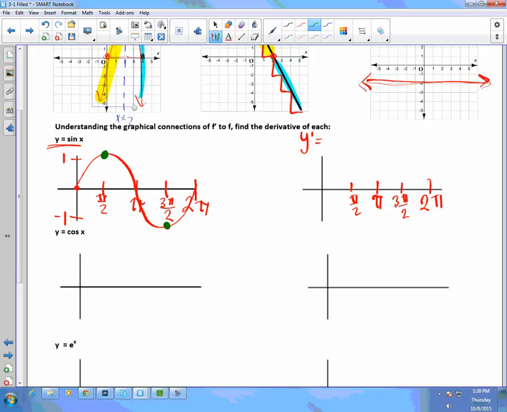And the decreasing sections: what does that represent on the derivative? See if you can figure out the derivative of sine by graphing it out. Work together, talk about it together, start with the maxes and mins, and do the intervals of increasing and the intervals of decreasing.